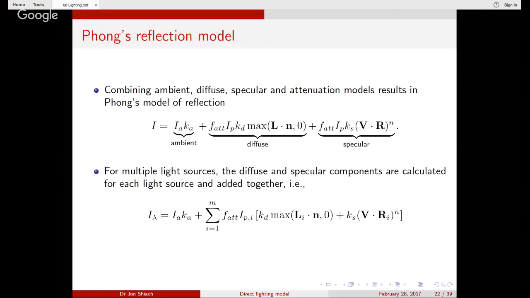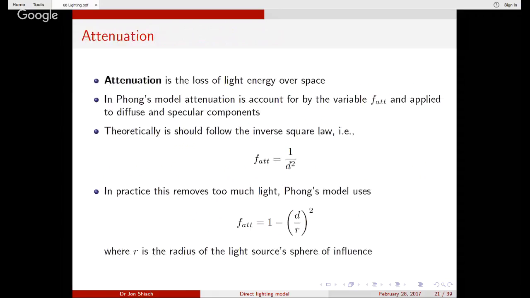Okay, so all we do now is we have attenuation. So far we've got ambient, which is how bright or dark your scene is. We've got diffuse, which is reflection off of a rough surface, and specular, which is reflection off of a shiny surface.